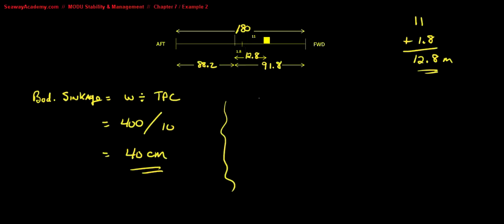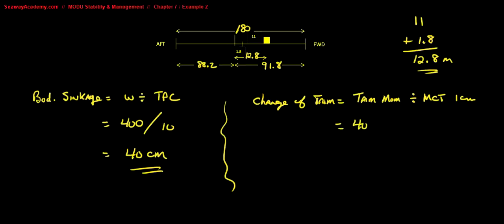Now we need to calculate our change of trim. And the formula for our change of trim is your trimming moment. And the trimming moment has to do with the weight that they've added times its distance to the longitudinal center of flotation. So it's your trimming moment divided by your moment to change your trim 1 centimeter.